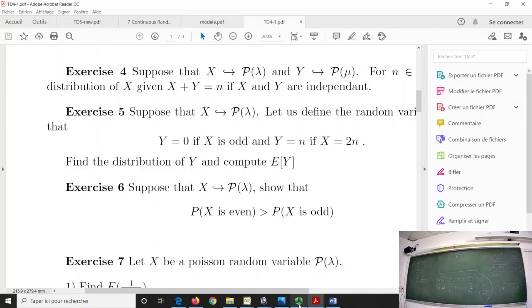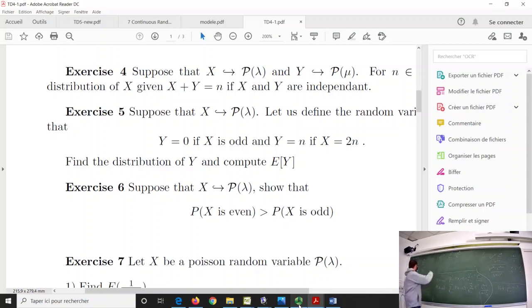And minus 1 to the power k is equal to 1, minus 1, 1, minus 1, depending on whether k is even or odd. So if I want to do the same job as here, but replace x by minus x, here I have an even power, so the minus will disappear, and here I have minus 1 to the power 2k plus 1, so I will obtain minus 1.